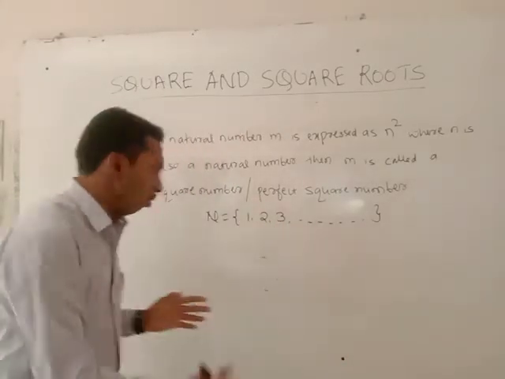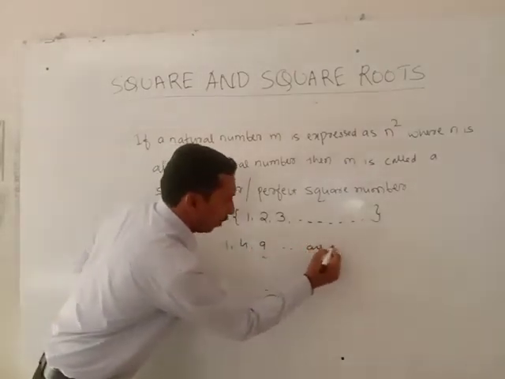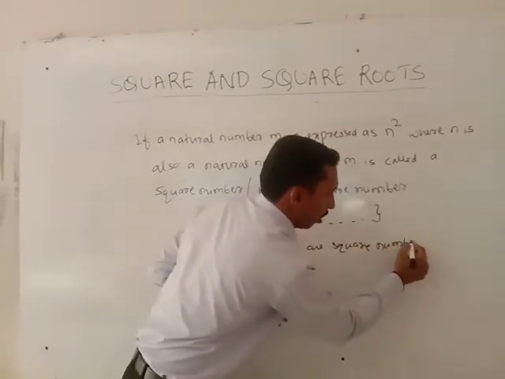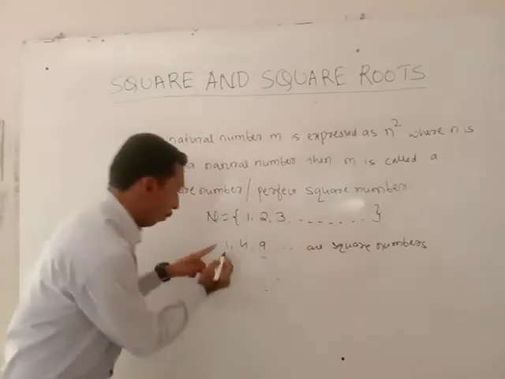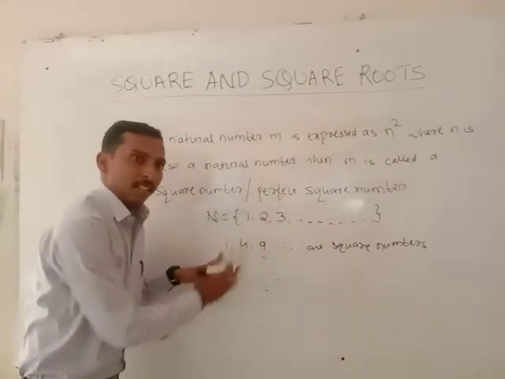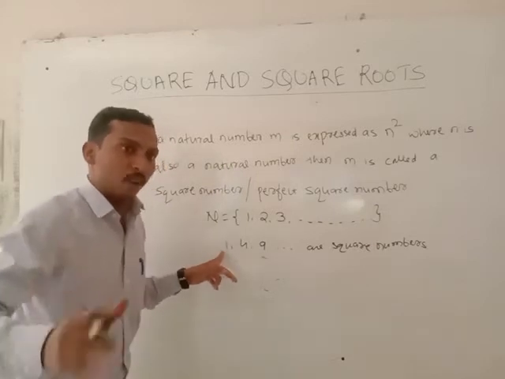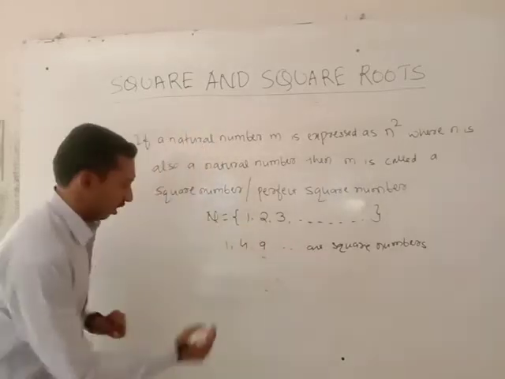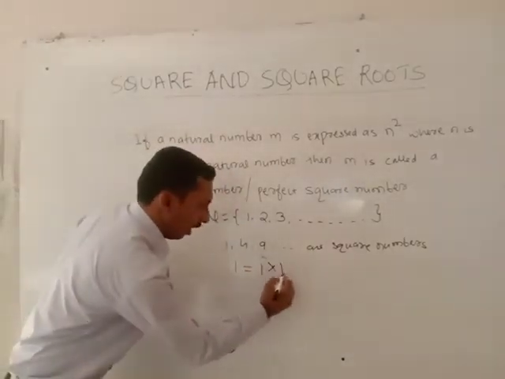As I told you, 1, 4, 9 are square numbers. Then how are they square? You know, if a number can be expressed as the product of two same numbers, then we call it a square number. 1 can be written as 1 into 1.